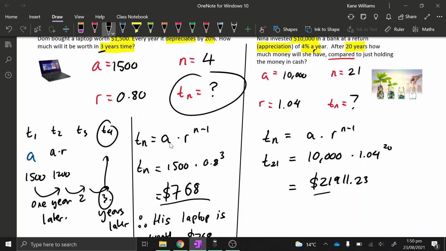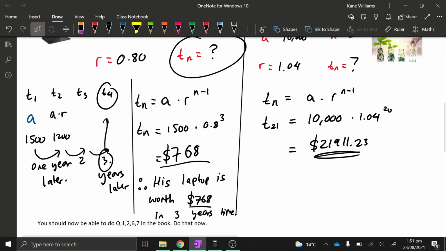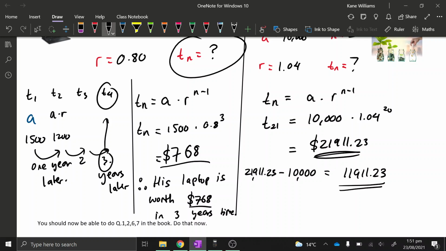Are we done? No, we're not done. Because the question is asking compared to just holding the money in cash. So compared to the original amount, which was 10,000. So we must go 21,911.23 minus that, which will be 11,911.23.